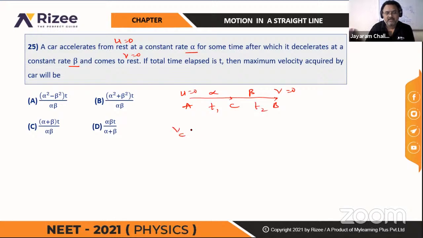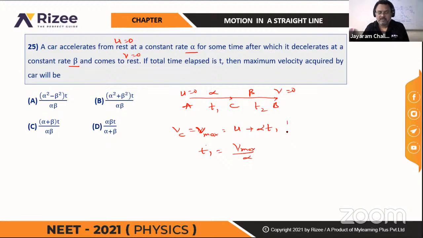So we see where it reaches the maximum velocity. V maximum is equal to u plus alpha into t1. Since u is equal to 0, t1 is equal to v maximum by alpha. Similar sort of equation if I write for the second case: final velocity is equal to 0, starting from the maximum velocity with deceleration minus beta t2, or from here t2 is equal to v maximum by beta.